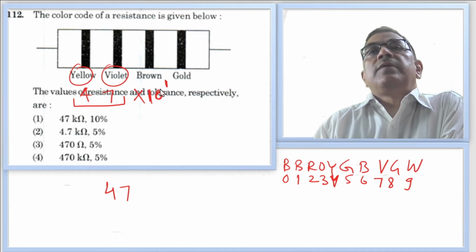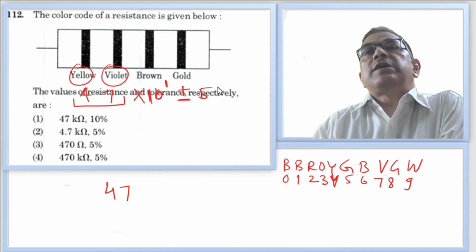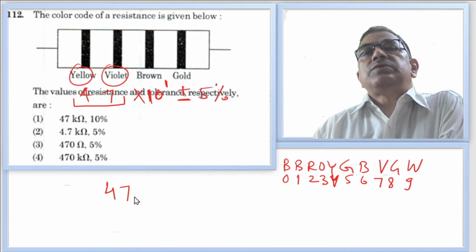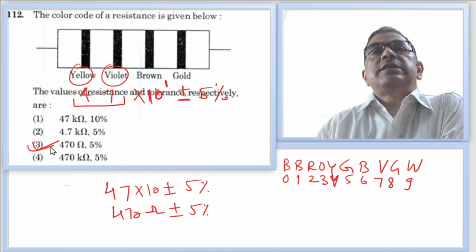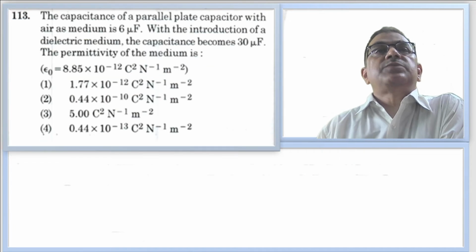And gold gives you the tolerance. This is plus minus 5%. So this is 47 times 10, plus minus 5%. This is 470 ohm plus minus 5%. So this is the answer. Is it okay? Let's come to the next problem.